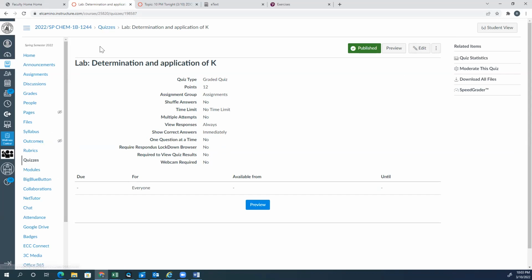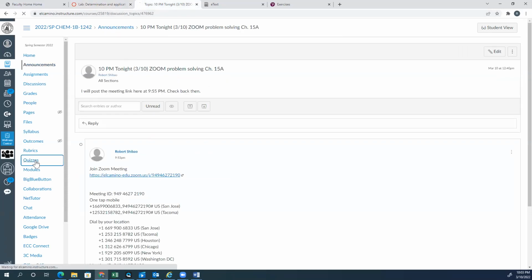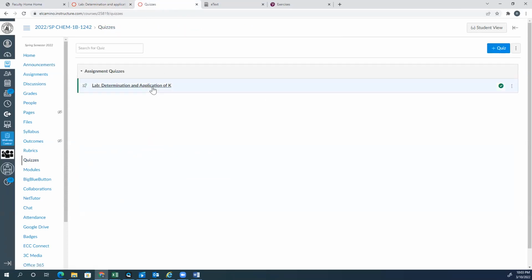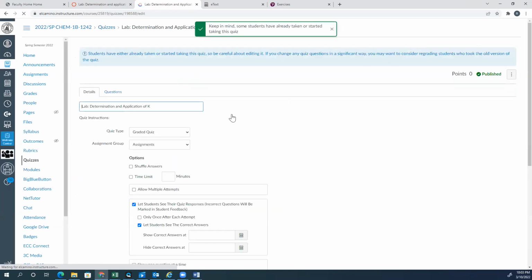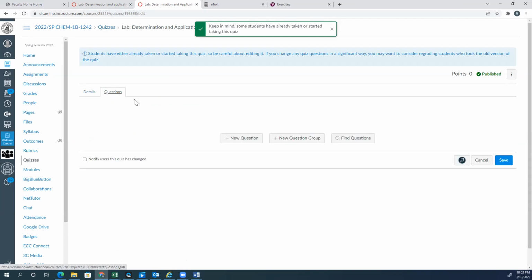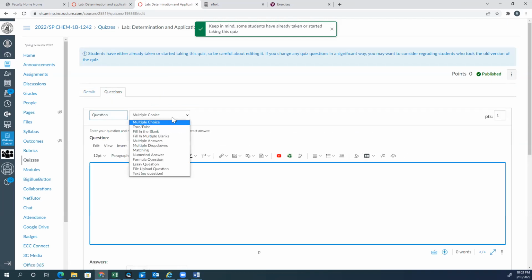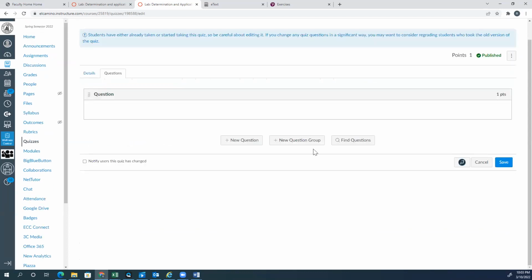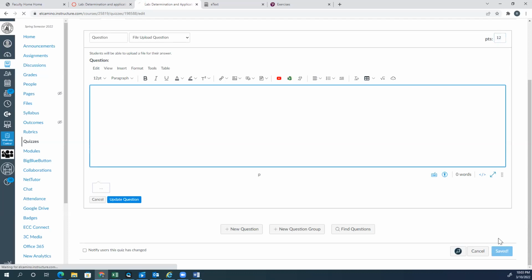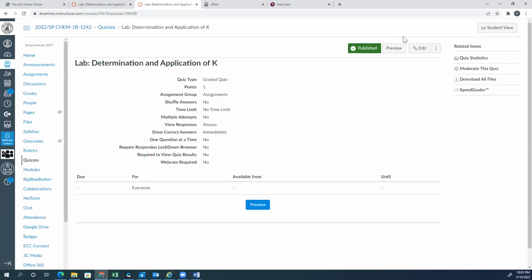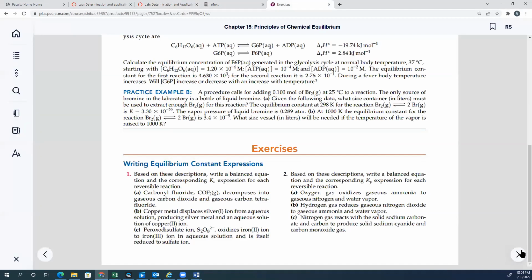I think that's 1244. Just fix it over here too. All right, now give it a try when you get a chance. Was there anything else?